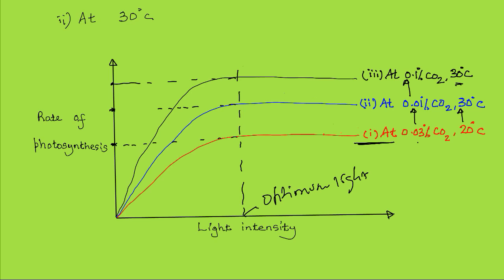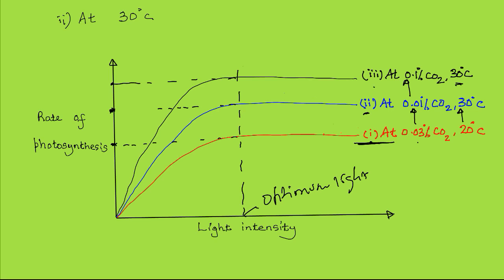So you can say that in curve 2, the temperature is not limiting, but compared to curve 1, the temperature being higher, it produces a higher rate of photosynthesis. CO2 level is also higher, so this will together contribute to a higher rate of photosynthesis.